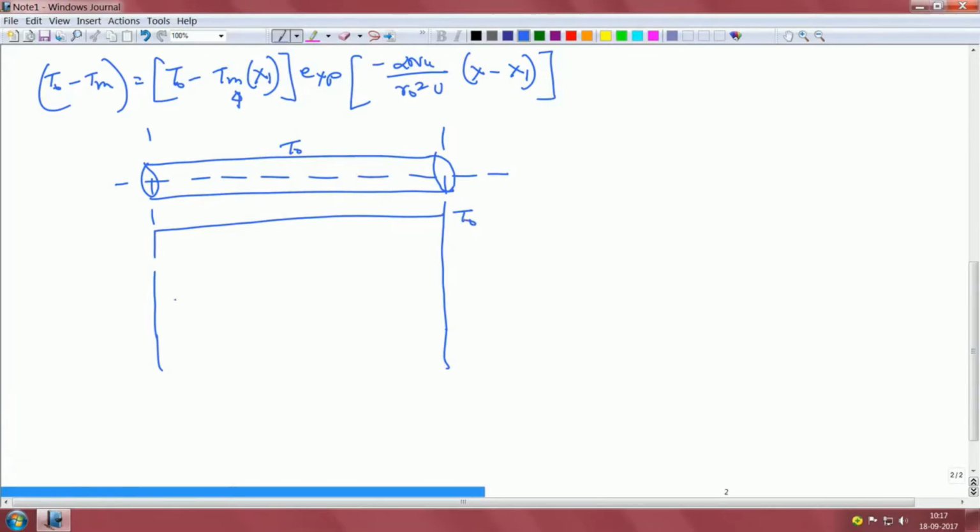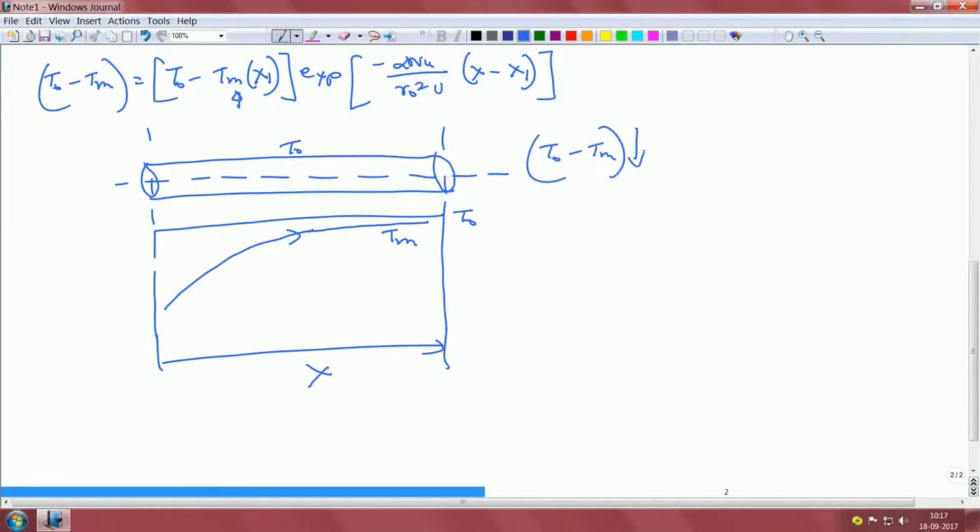So what it implies is that your Tm starts to do this. This is the profile and this is of course your x. So this is actually your Tm.